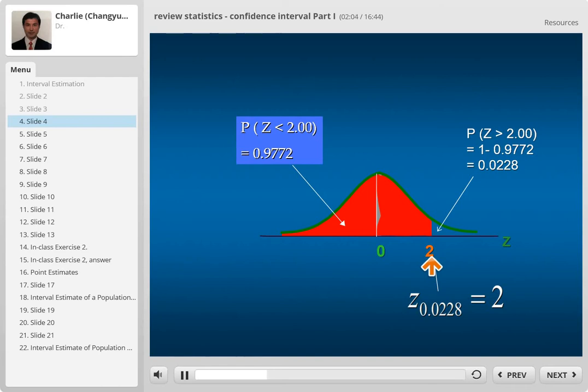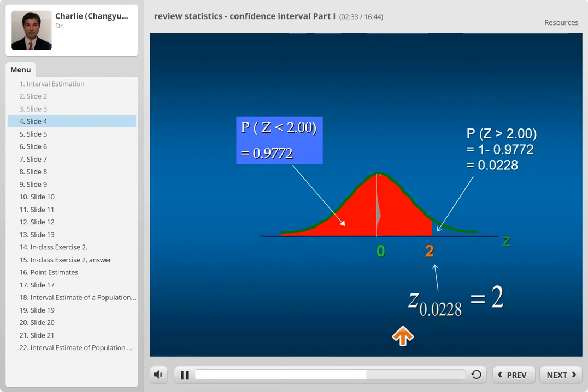And we know that the probability of z bigger than 2 equals to 0.0228. We're gonna use a notation as following. z footnote 0.0228 equals to 2. And the footnote comes from here. It's the probability.